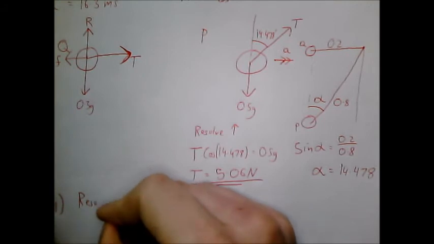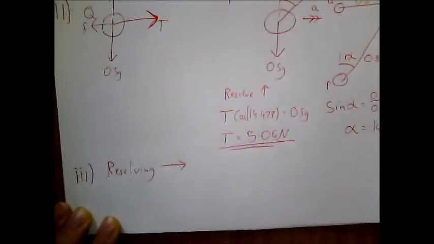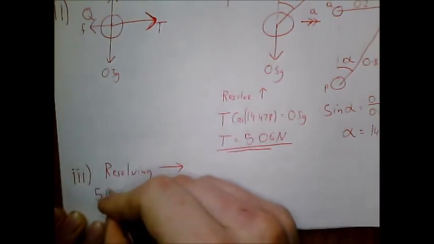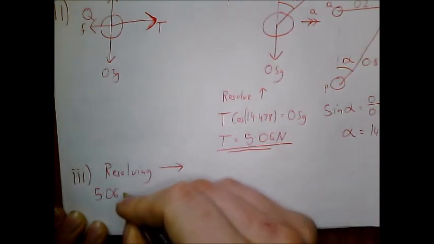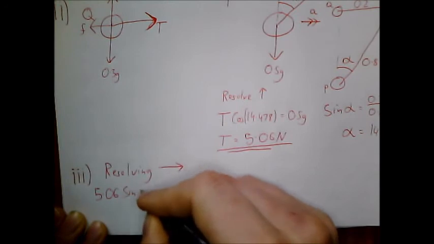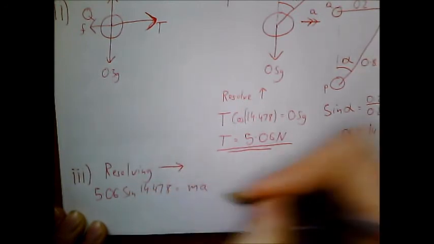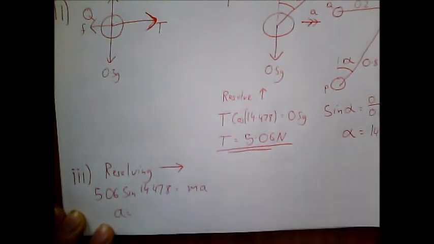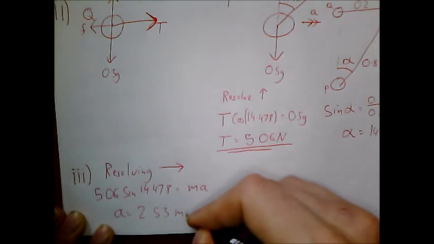So resolving in the direction of acceleration, we have 5.06 sine 14.478 equals ma. We know the mass, so the acceleration here for this particle is 2.53 metres per second squared.